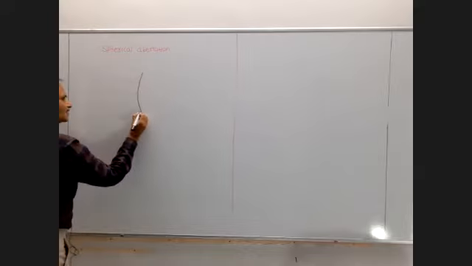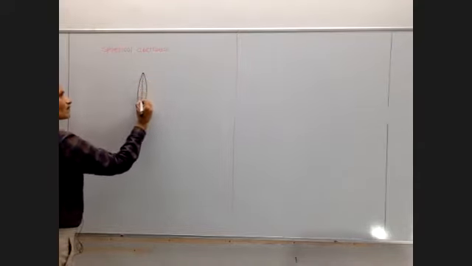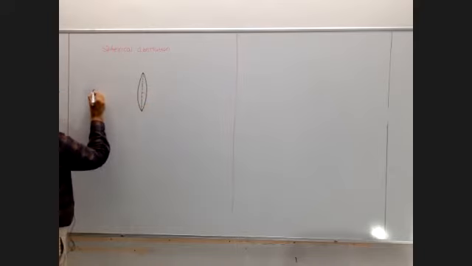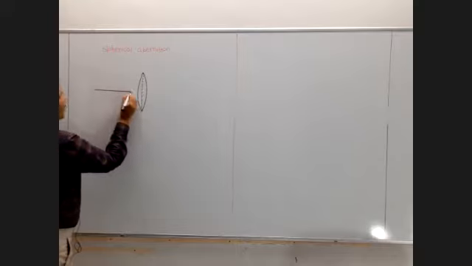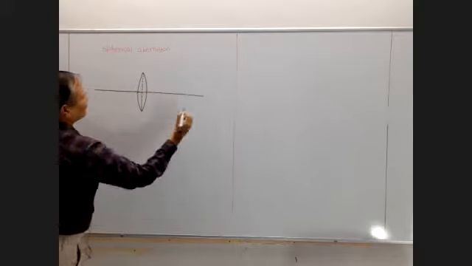Look now, when the aperture of the lens is large, suppose if you consider, it's a double convex lens. This is an optical center.